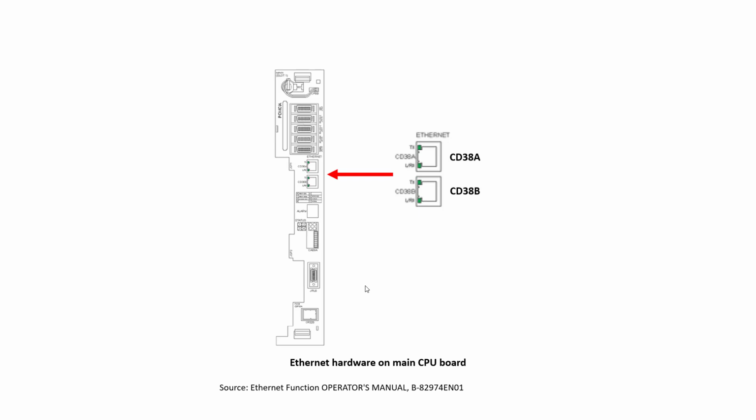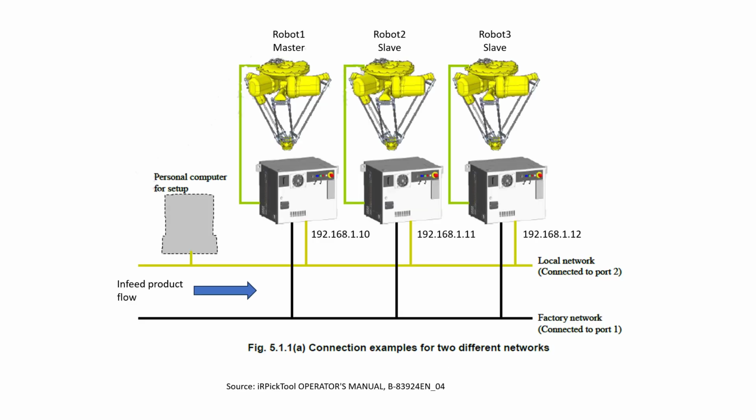The important thing that you want to consider is that you want to have the connection between the robots isolated from any other devices, so the robots can communicate with each other at high speed, and this is critical for this kind of applications. Another thing to consider is that you're going to have a robot that's going to be the master, and all the other robots are going to be slaves.